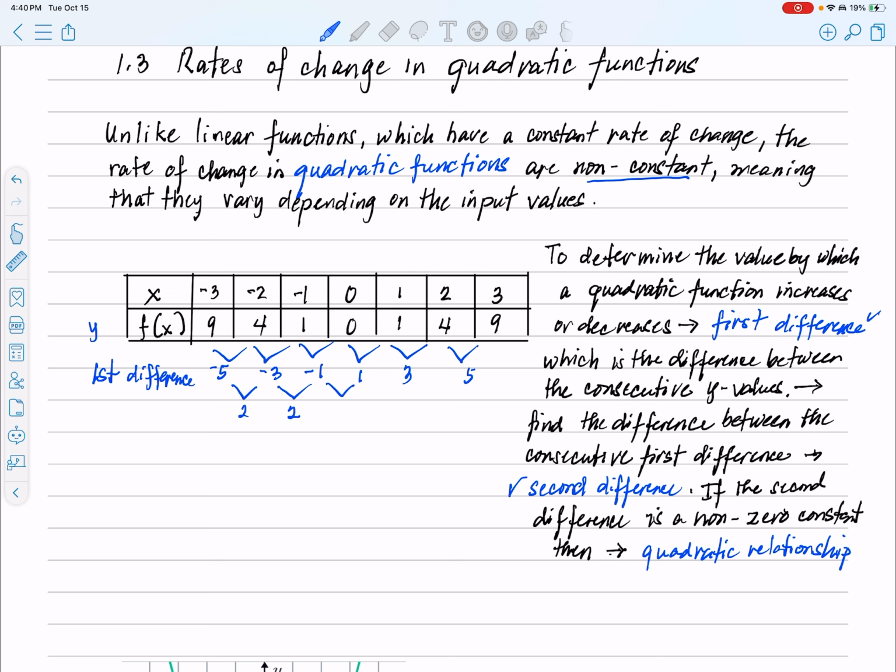Then you have 1 minus a negative 1, that means 1 plus 1, you have 2. 3 minus 1, you have a difference of 2. And then 5 minus 3, you have 2. A difference of 2. Now 2 here is our second difference.